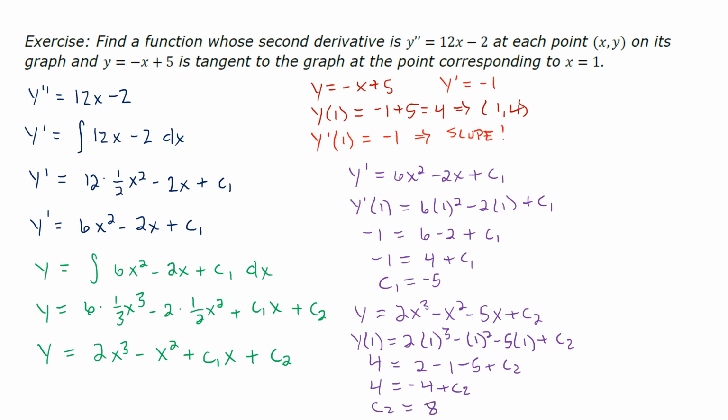So knowing what C2 and C1 equal, we can now substitute them into our y function. So y equals 2x cubed minus x squared minus 5x plus 8.